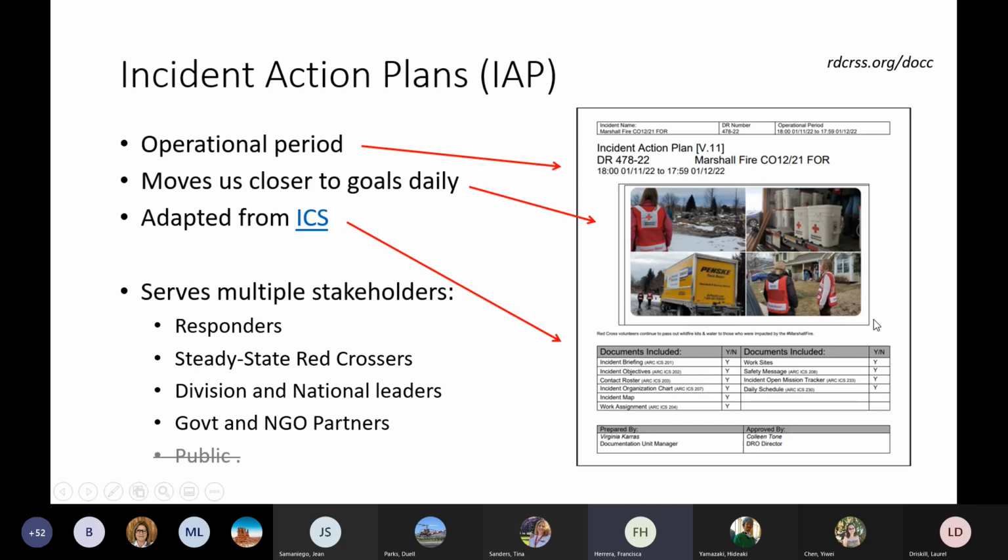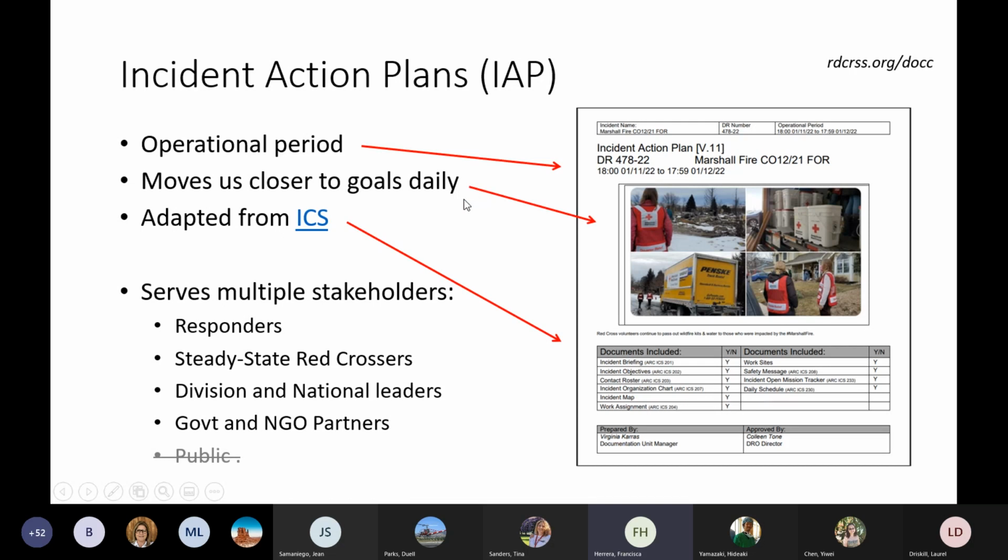A couple of terms to know, concepts to understand about the incident action plan. The incident action plan functions around an operational period. So that is a start time and an end time for which this is the plan that is in place. So that's an important term you'll see often, operational period, referring to the particular day in which this applies.